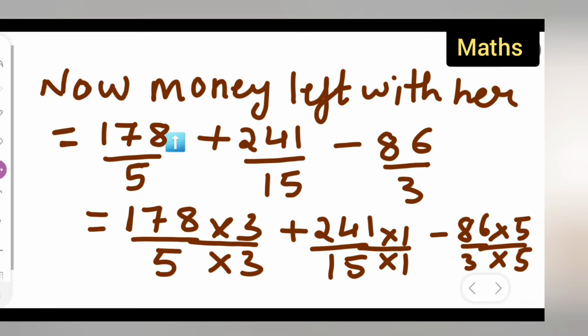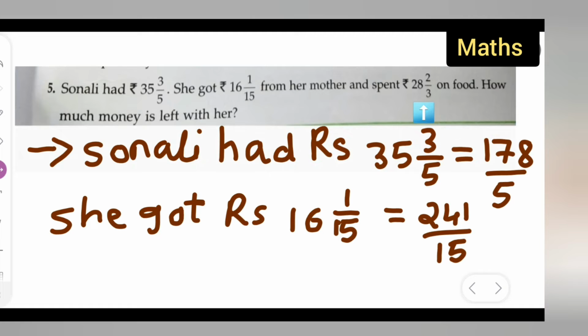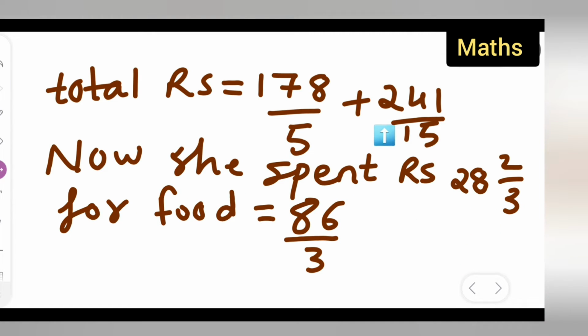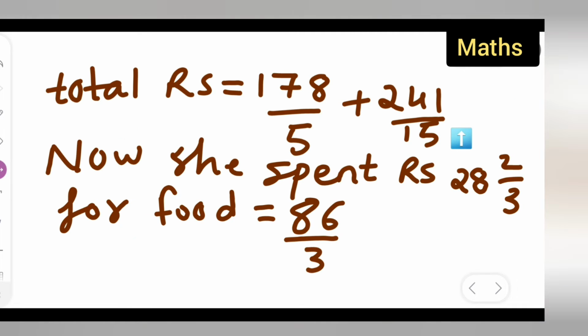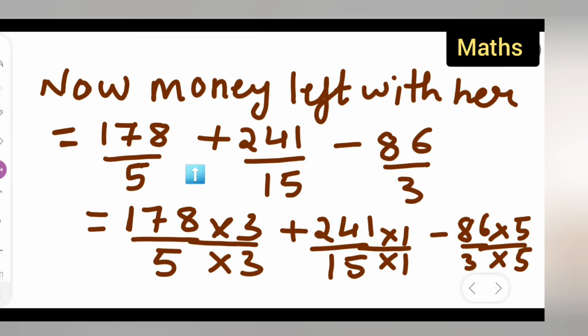Now the money left with her is equal to the money she already had plus what she got from her mother, and then subtract the money she spent. So 178 upon 5 plus 241 upon 15 minus 86 upon 3.